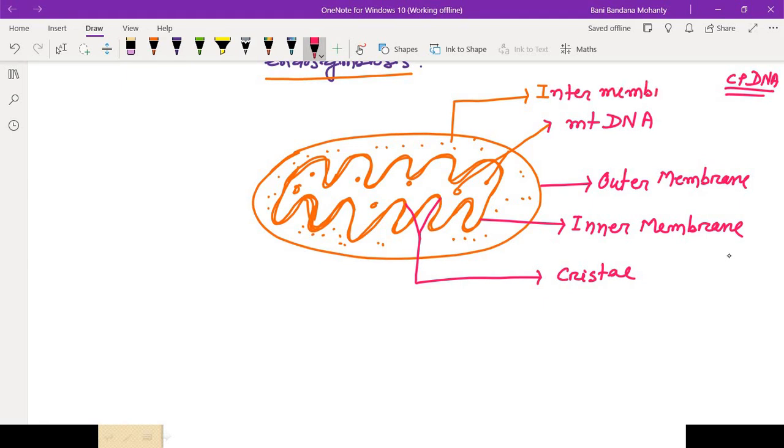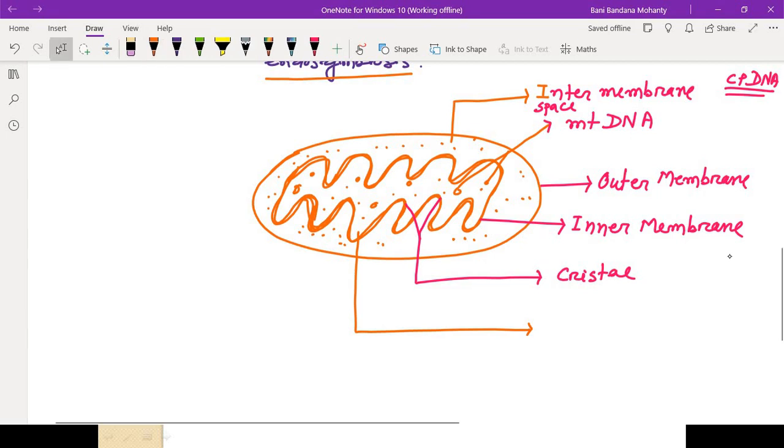Intermembrane space, and here, except DNA, this is called the matrix or mitochondrial matrix.